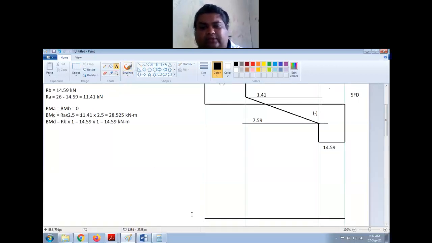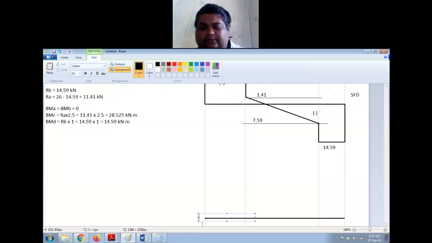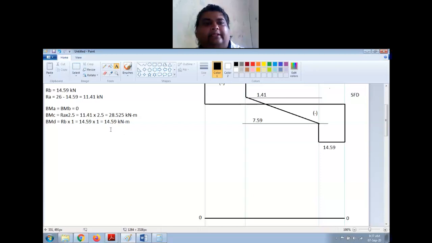So I will just write that this is 0 and this is also 0, correct? Then at C and D, it is 28.525 and 14.59. So I will just mark these first.